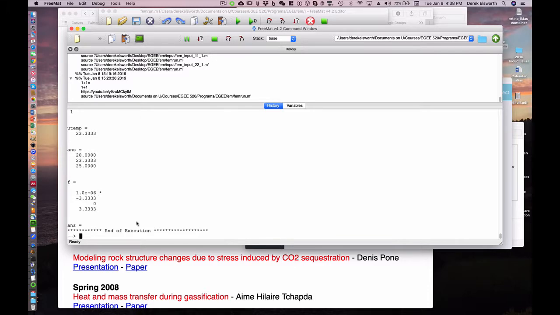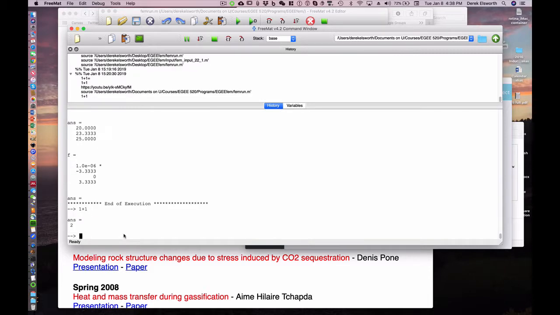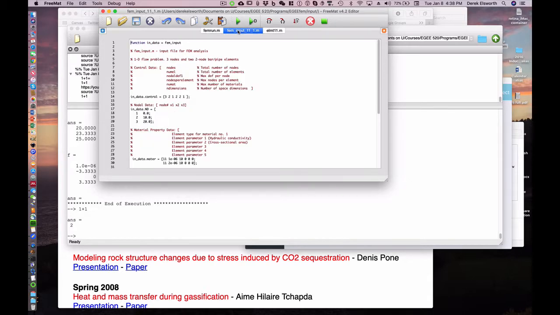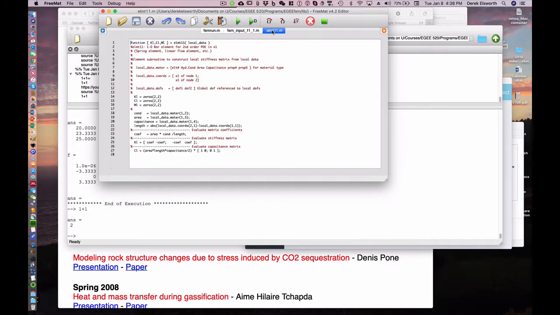Well, anyway, you can see it's looking for things, 1 plus 1. So it's just like MATLAB in that regard, but that also allows you to batch execute. I can run this finite element code with this particular input file, and it will automatically use this particular element.